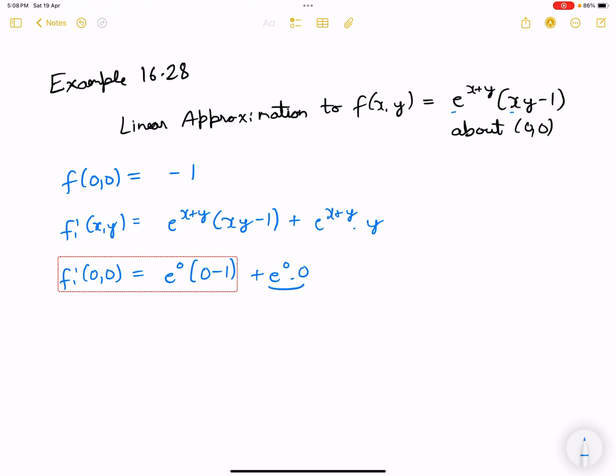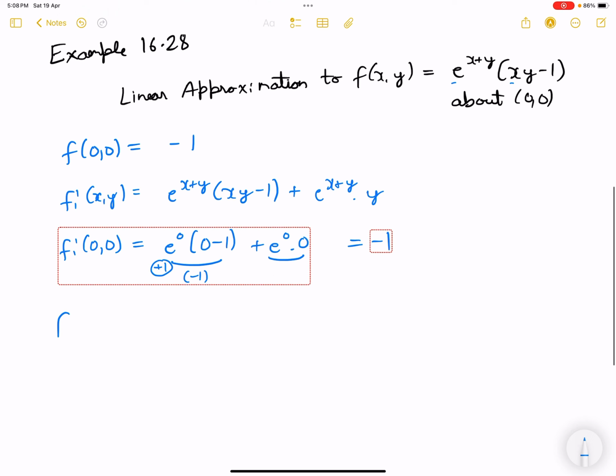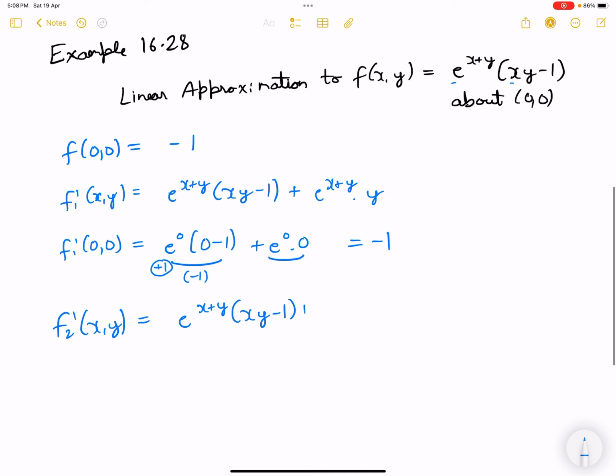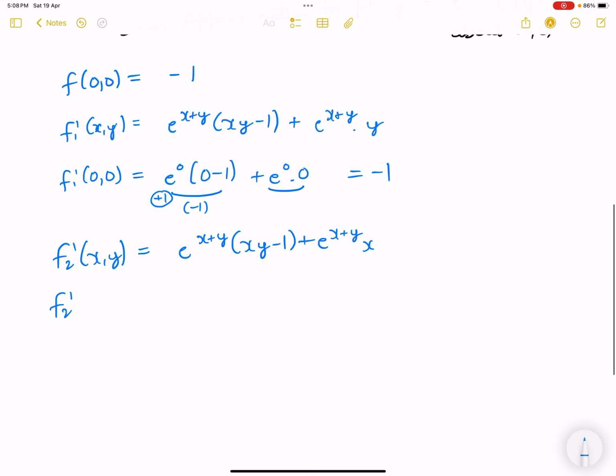So this is 0, this is minus 1, this is plus 1, and plus 1 times minus 1 is minus 1. Okay, then f2'(x,y). The same product rule we'll use, times x. Similarly f2'(0,0) is e to the power 0 times (0 minus 1) plus e to the power 0 into 0. This becomes 0, this whole thing becomes minus 1.